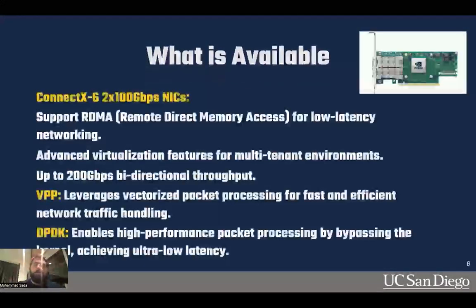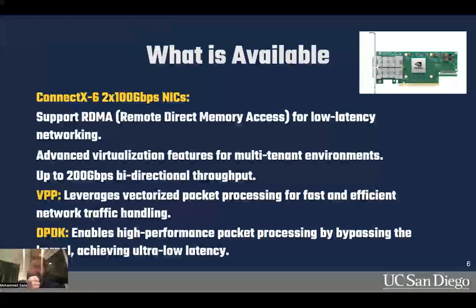We, of course, have to talk about what is available on the cluster. And the first thing we need to talk about is the ConnectX-6 SmartNICs. As you probably know at this point, the National Research Platform is mainly one large Kubernetes cluster that spans across many countries, many campuses, and R&D institutes, and it consists of nodes.